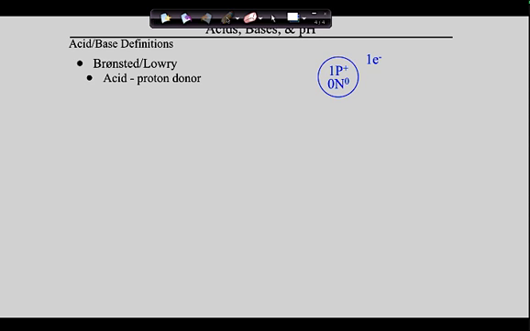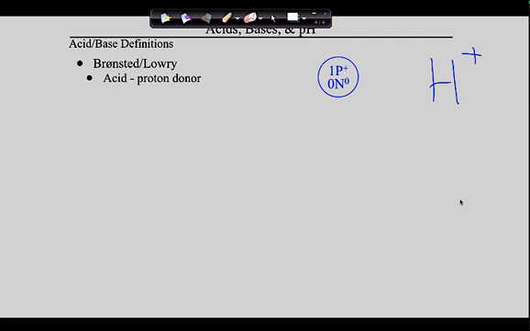Arrhenius said that acids give away hydrogen ions. So what do we have to do to this atom to make it into a hydrogen ion? What do we take away? An electron. And when the electron goes away to make it a hydrogen ion, what do we have? A proton. That's all that's left. So hydrogen ions and protons are the same thing.